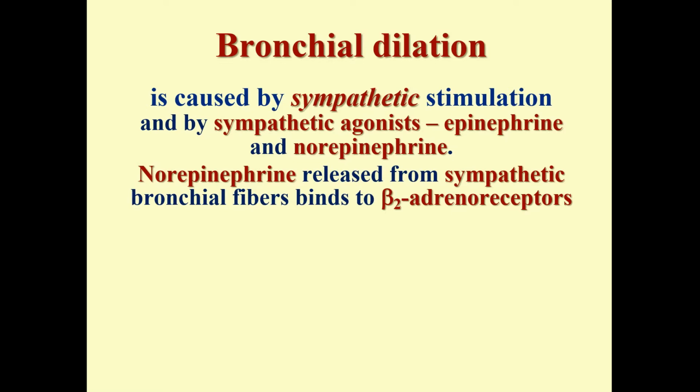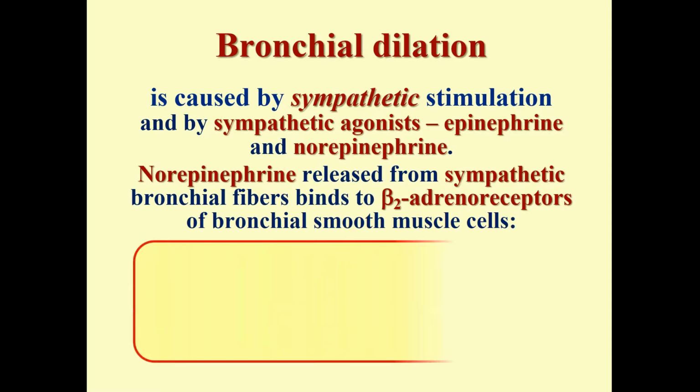Norepinephrine released from sympathetic bronchial fibers binds to these receptors, and also adrenaline as a hormone, or epinephrine, binds to these receptors, and adrenaline acts on all beta receptors stronger than norepinephrine. But resultant mechanism is the same.